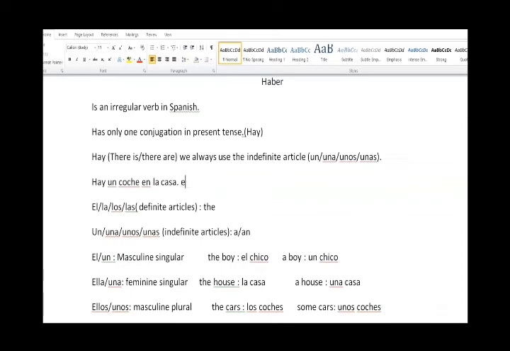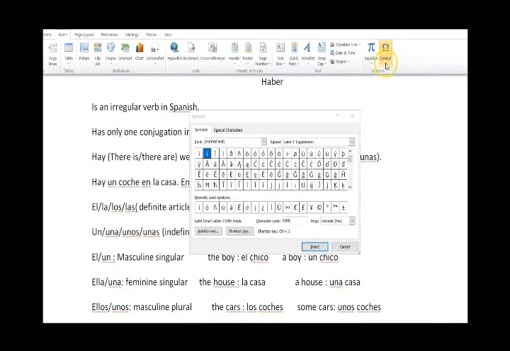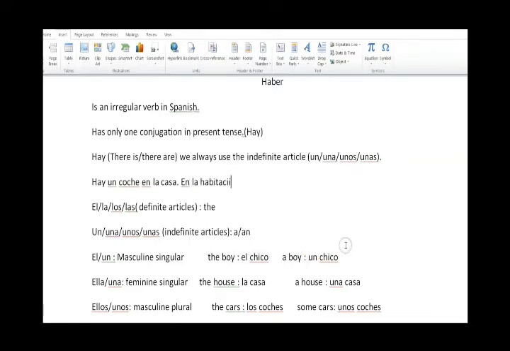So if I want to say in the room there is a table, en la habitación. Now because ó has a special sign, I will go to insert, symbol, and if you go to more symbols, you can choose the symbol, and once you choose that, insert, and here you have the special symbol.